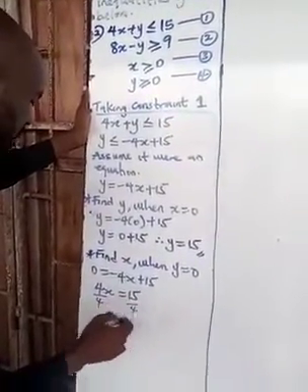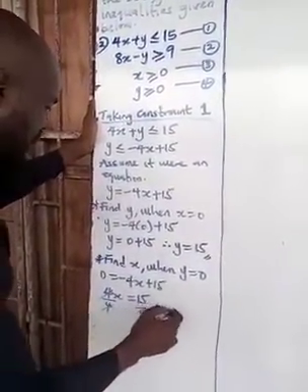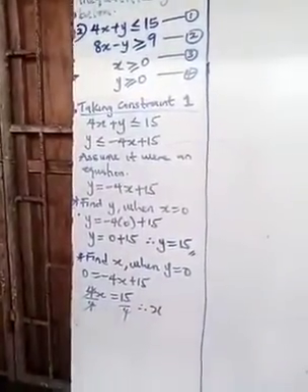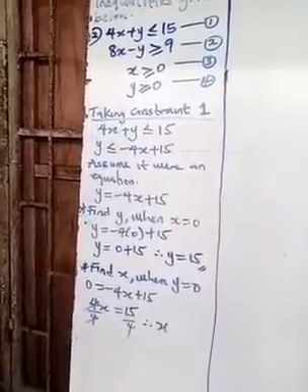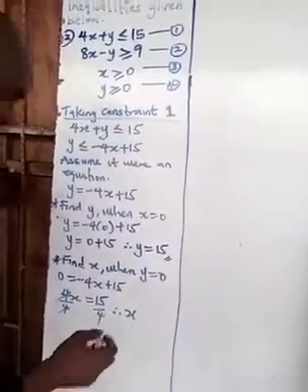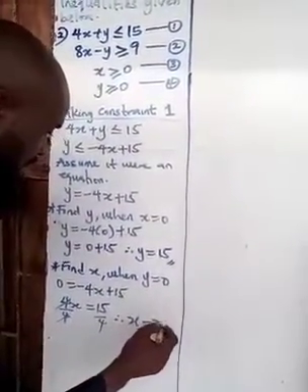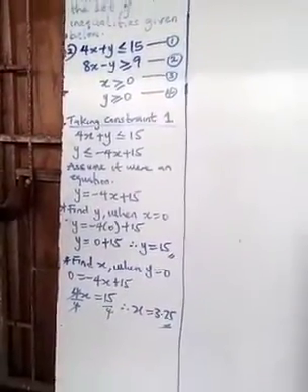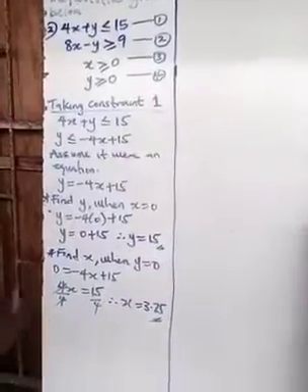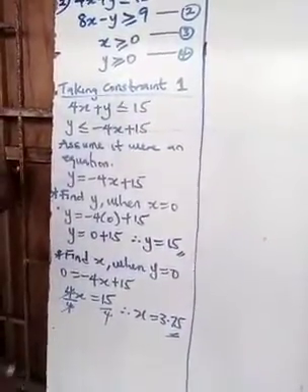So if we divide both sides by 4, that means x is equals to 15 over 4. And what will 15 over 4 give us? That's 3.75. So that means for this constraint, okay, I didn't represent this, but we'll do it together.